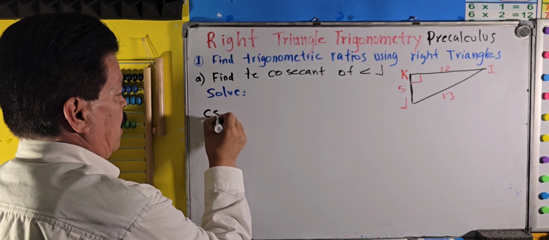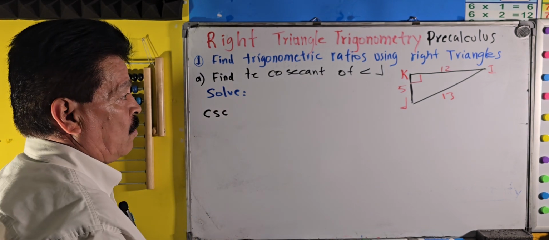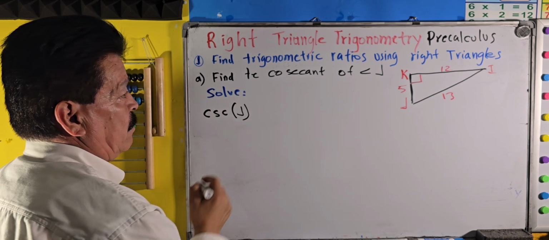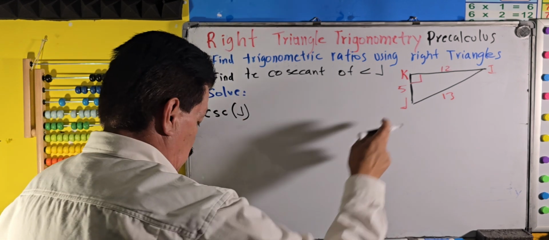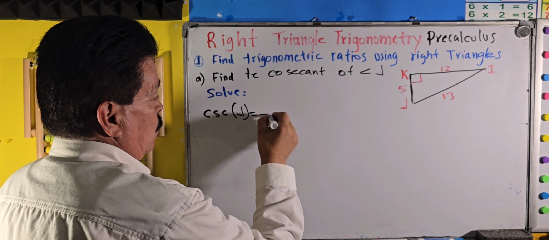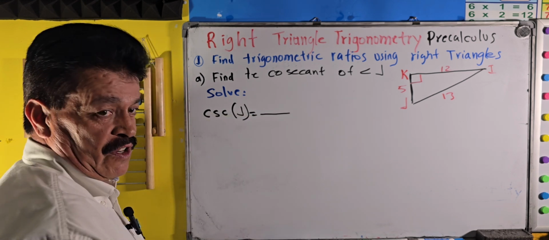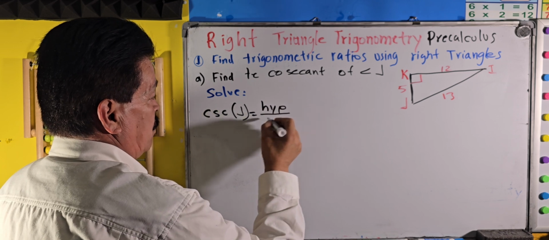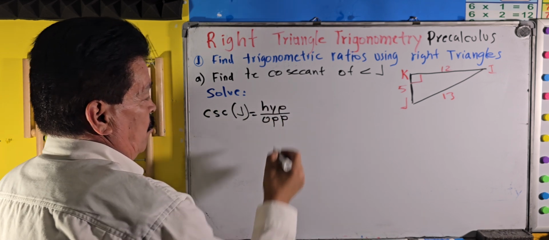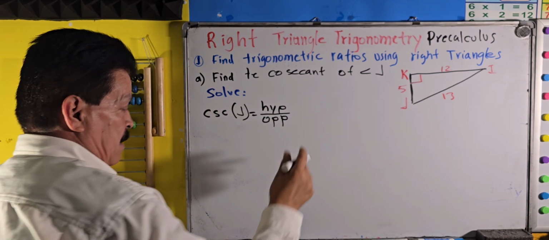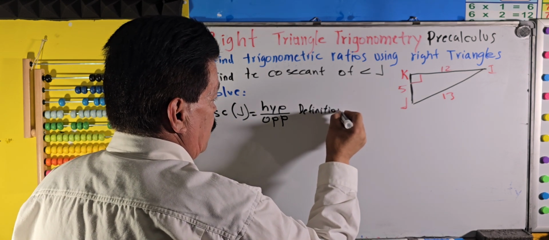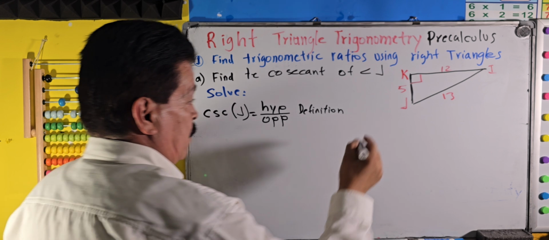So we will have cosecant of which angle? We are talking about the angle J, this angle. First of all, we have to write the definition of cosecant. So the definition is hypotenuse divided by the opposite leg. All right. This is the definition of cosecant.